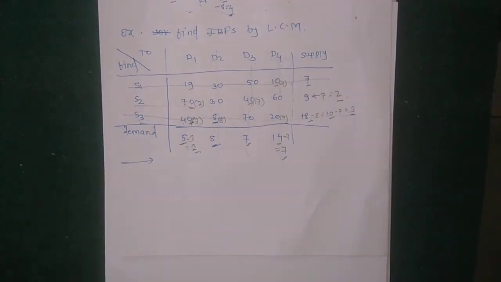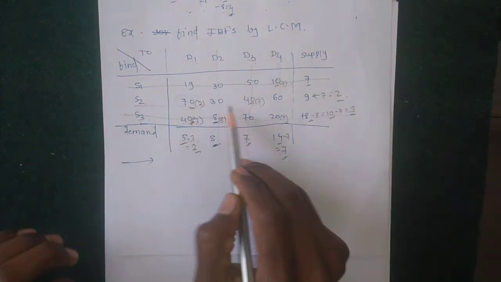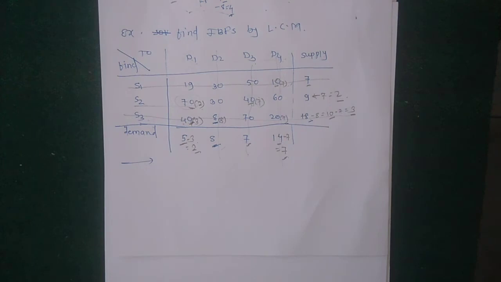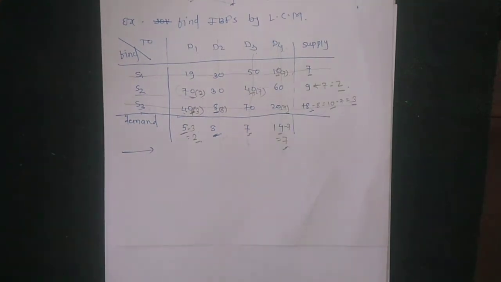Okay, and take their cost in this way, 10 into 7 plus 70 into 2 in this way. Okay, so for the least cost method, select the least element in the given transportation problem and allocate the demand or supply.